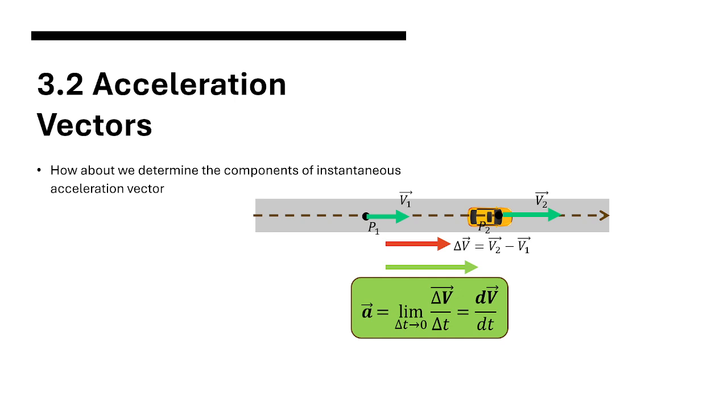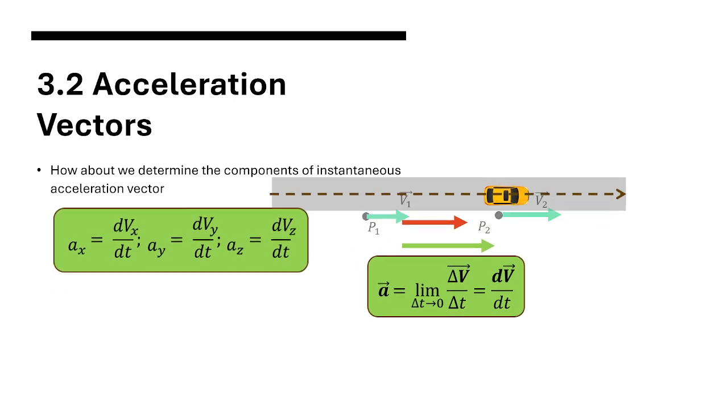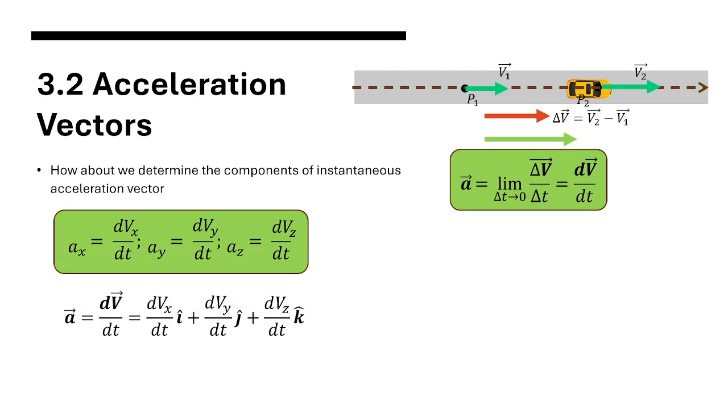Now, let us determine the components of our instantaneous acceleration vector. Recall that we have the components of instantaneous velocity here. As we did a while ago with the instantaneous acceleration vector formula, we're just going to change the velocity to acceleration and the position to velocity.